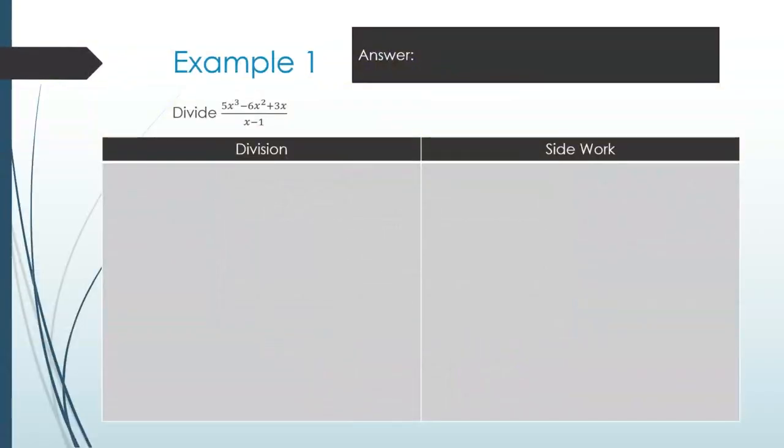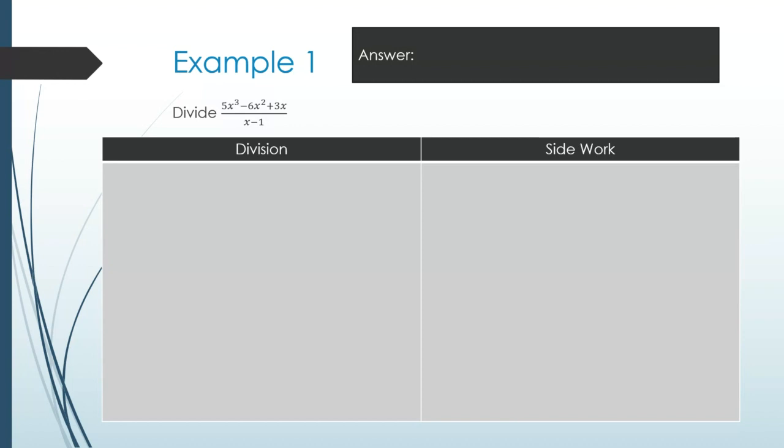So here's an example. I'm going to do this one slowly, and show you all the side work that I did in my head on the other example I was just demonstrating, to show that the process is the same. Here I'm going to show you all the stuff you would do to write this out, the side work, and then how you'd write your answer.